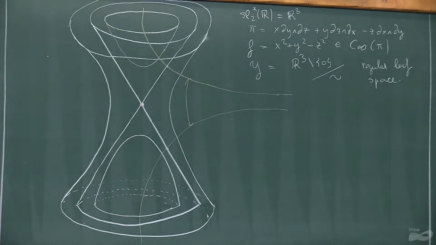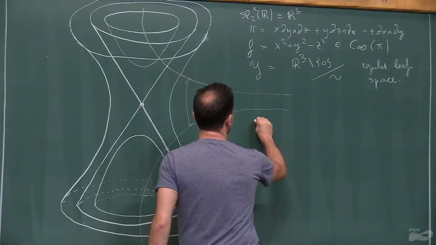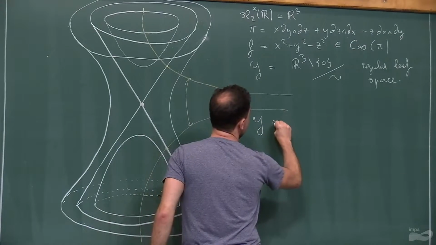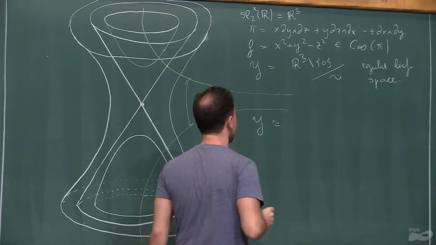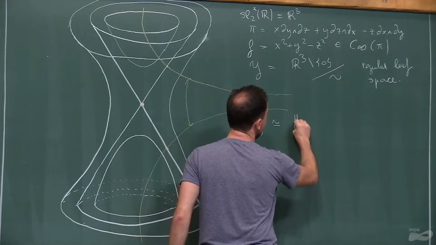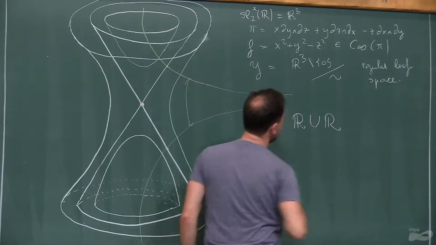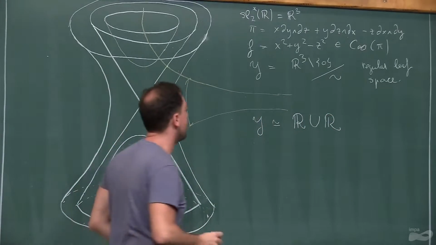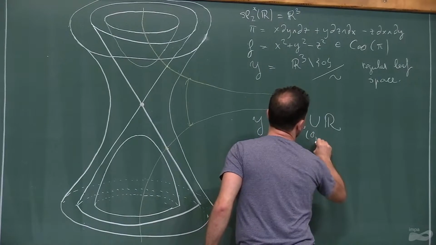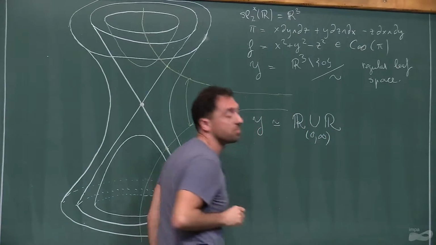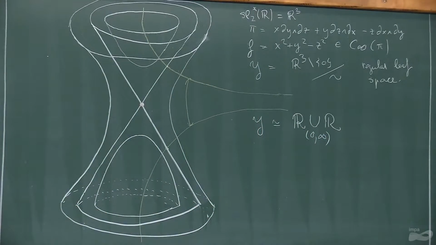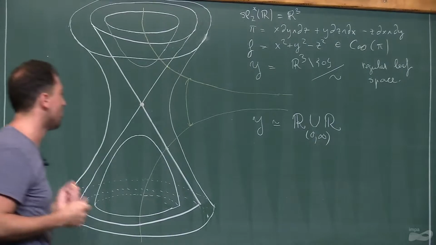So there are two lines, and then you have to identify some of the points. So basically, this Y is diffeomorphic, because it is a smooth manifold, to two copies of R glued along a half line, 0 infinity. If you teach a manifolds course, this is a nice example of a non-Hausdorff one-dimensional manifold.